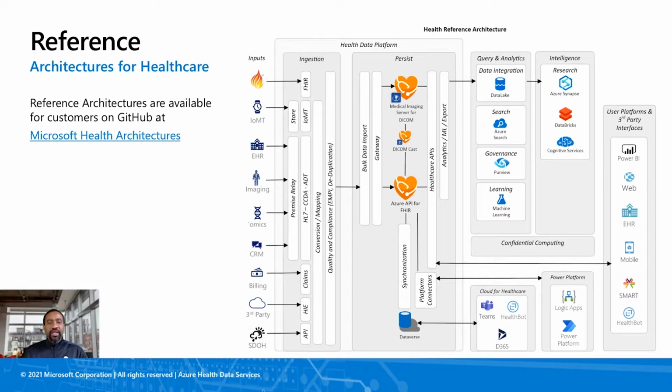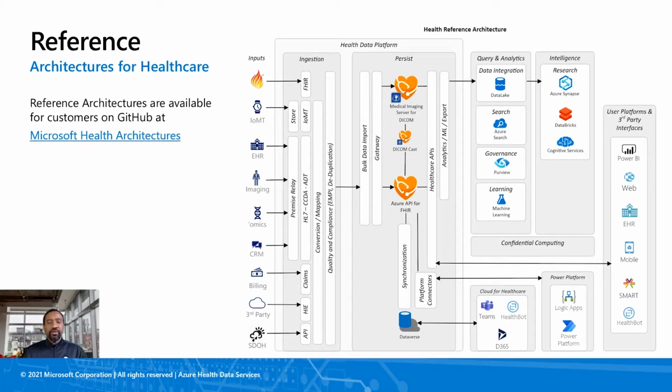We've published a collection of these out on GitHub, and that link will actually be provided and should be available to you in the Microsoft Health Architectures GitHub website. One of the things that we primarily talk about is we ultimately have a data source, and that data source could be virtually anything. It could be an external FHIR server.